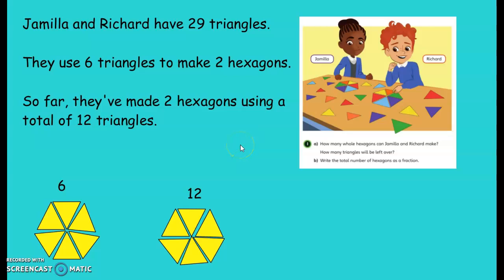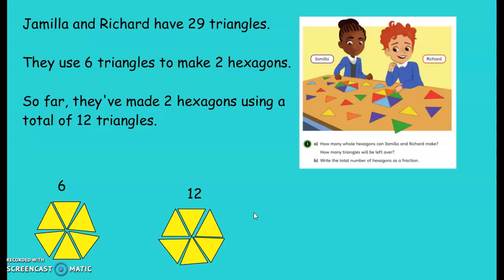There's 29 in total, although the question fails to mention that. And they've already used 6 of them to make 1 hexagon. They've made 2 hexagons in total. As you can see, I've tried to replicate them down here. They're a bit squiffy and a bit dodgy compared to theirs, but I hope you'll forgive me.